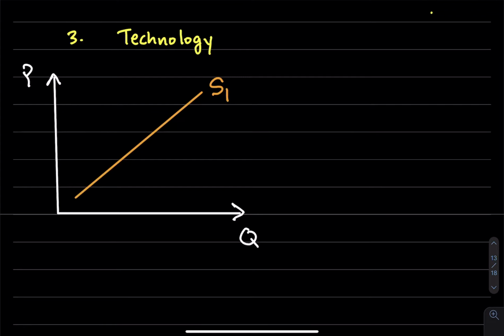Okay, so let's talk about technology. By technology we mean when we're using some type of machine in the production of ice creams. Again, if we are talking about ice cream, and we're rolling with the same example, any technology that turns those inputs into ice cream is also a determinant of supply, or another factor that shifts or has the potential to shift the supply curve.